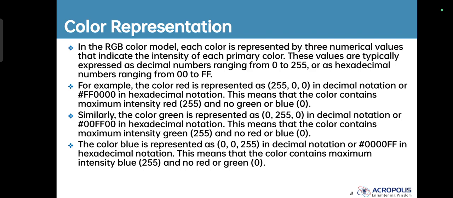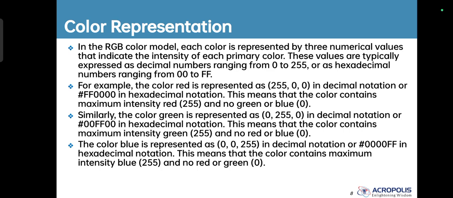So in the RGB color model, each color is represented by three numerical values that indicate the intensity of each primary color. These values are typically expressed as decimal numbers ranging from 0 to 255, or as hexadecimal numbers ranging from 00 to FF.